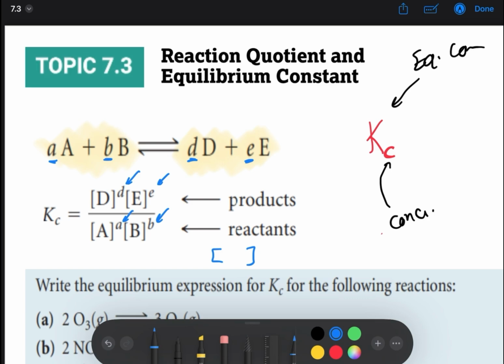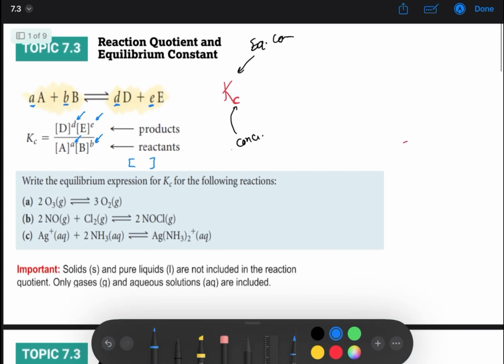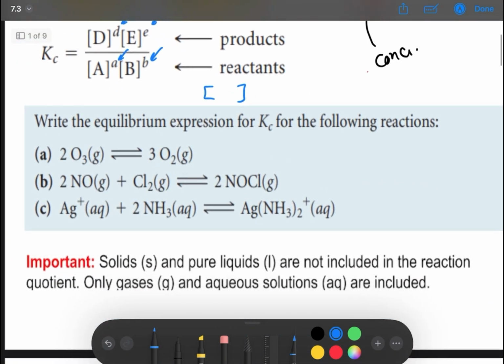That's not the only thing you have to cover. There's an important rule: if your reactants or products contain a solid or a pure liquid, we do not put them in the expression at all. The only ones we include in the expression of Kc are gaseous and aqueous species. Aqueous means they're mixed with water.